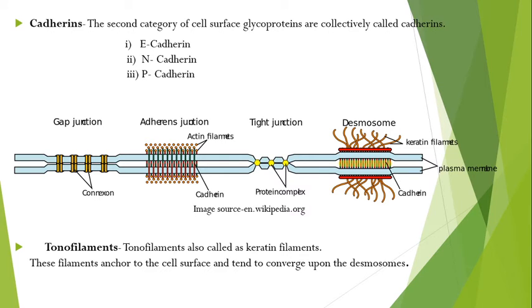It is found on the surface of nerves as well as heart and lungs, and P cadherin in the placenta.